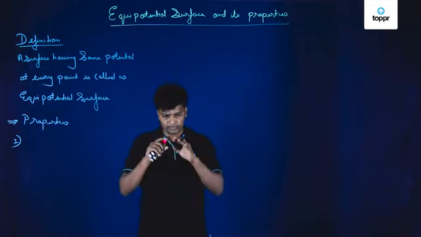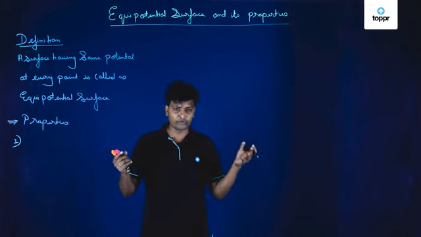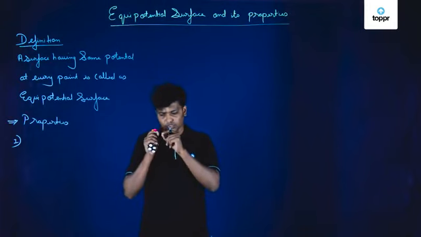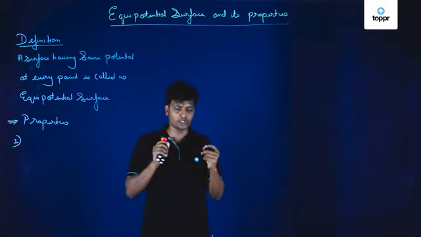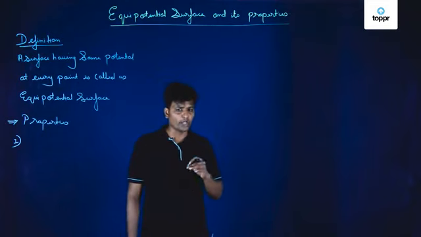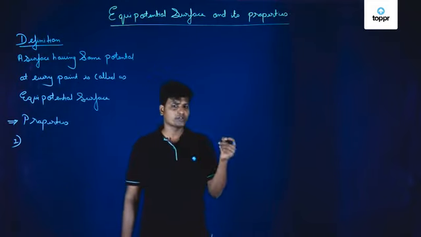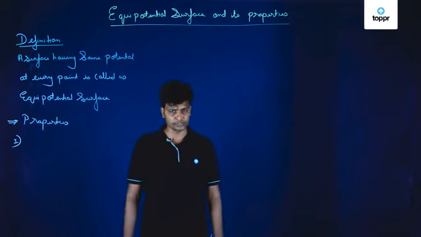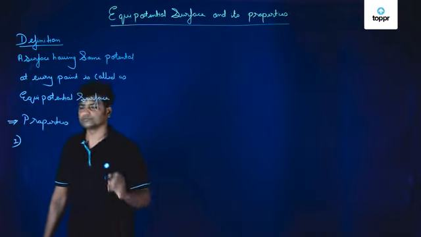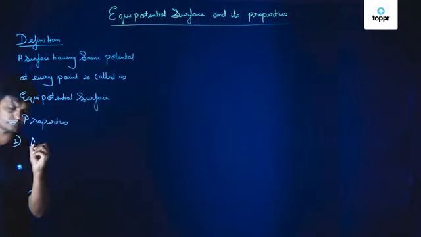So that means if there is an equipotential surface, and if the charge is moving on the equipotential surface, no work is done while moving the charge from one point to another point on the equipotential surface, right?